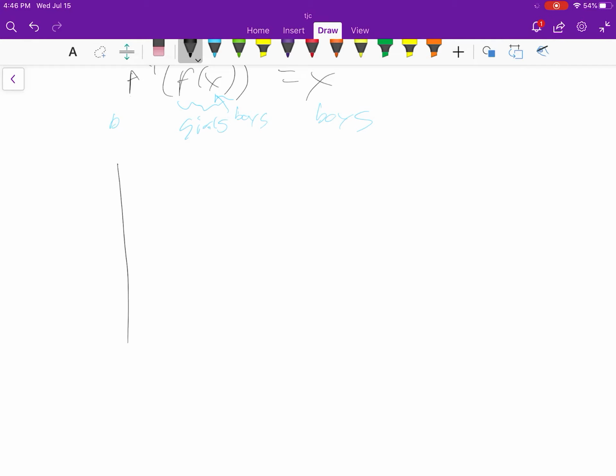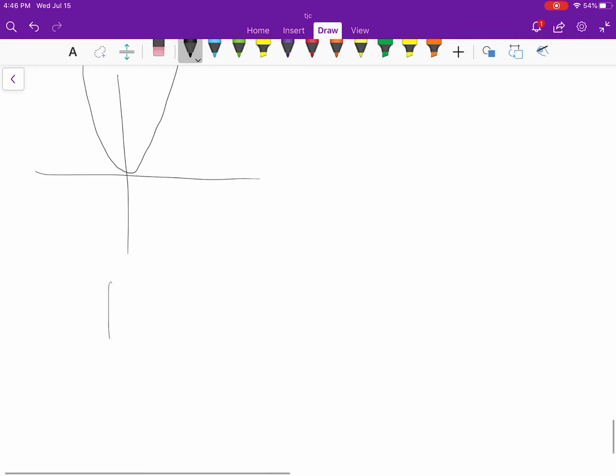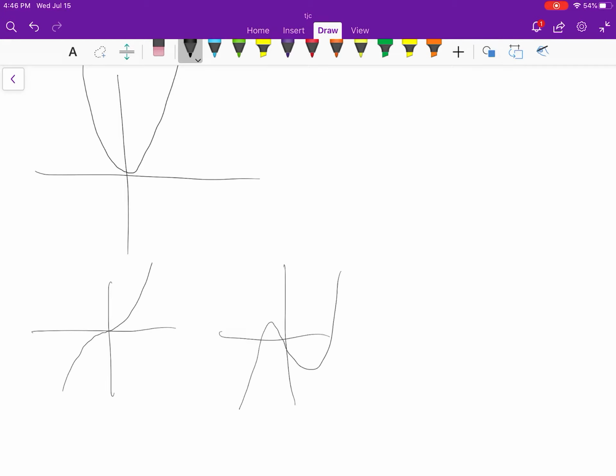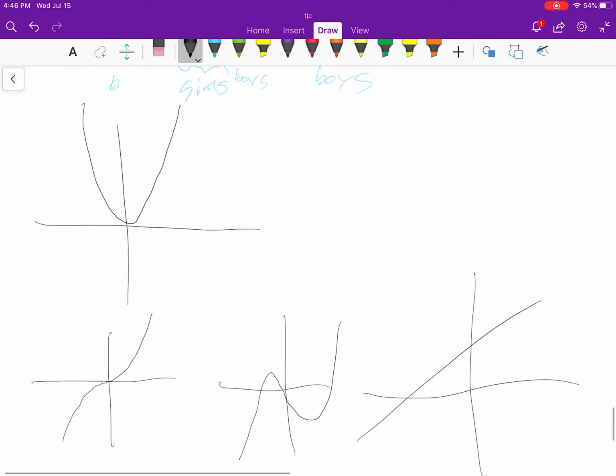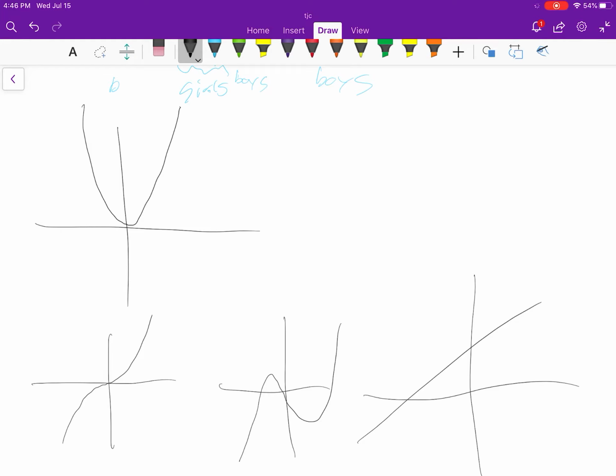Okay, so the easiest way to look at it is to look at pictures. So I've drawn these, and these are all functions.